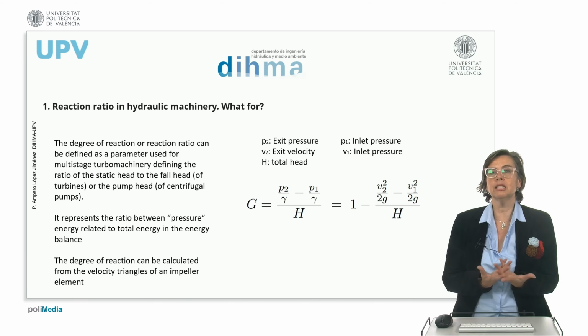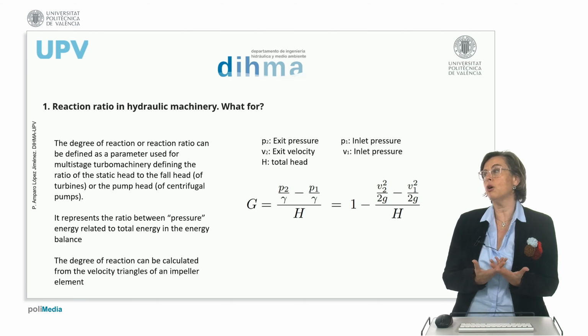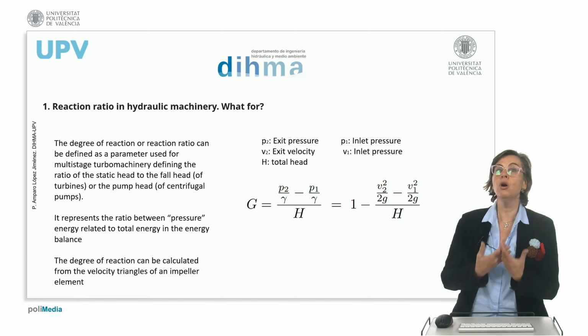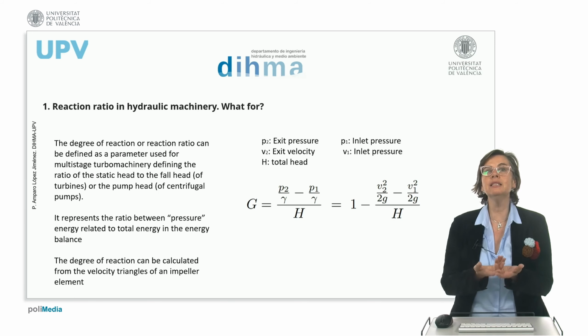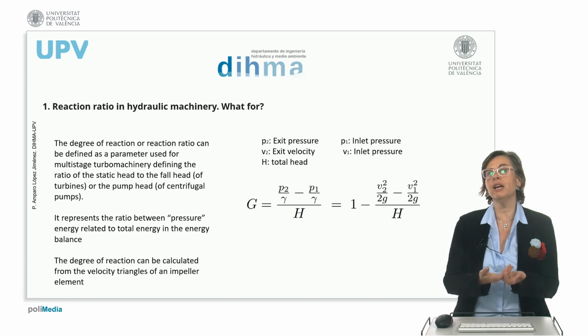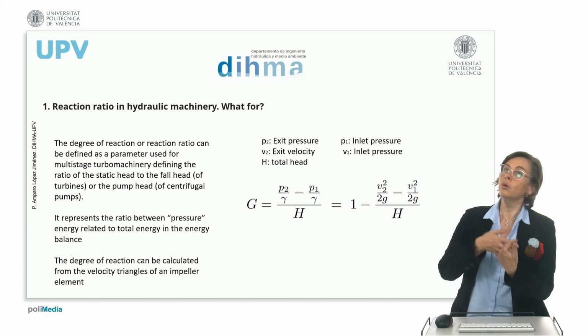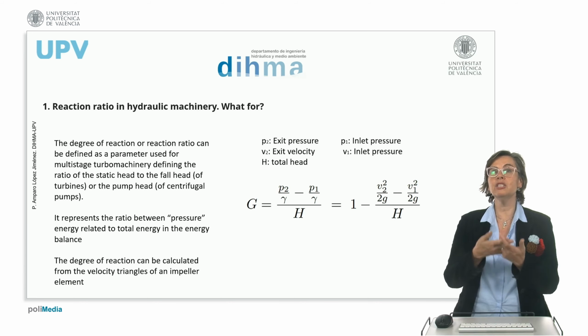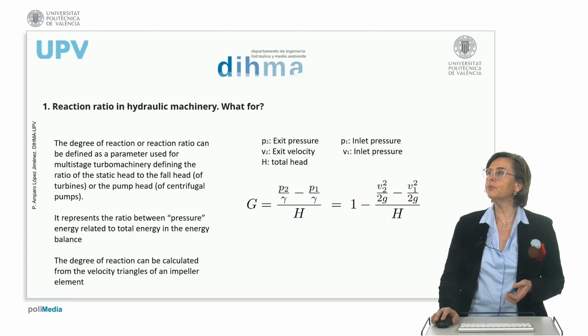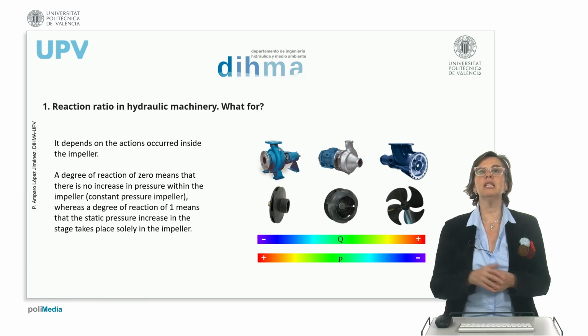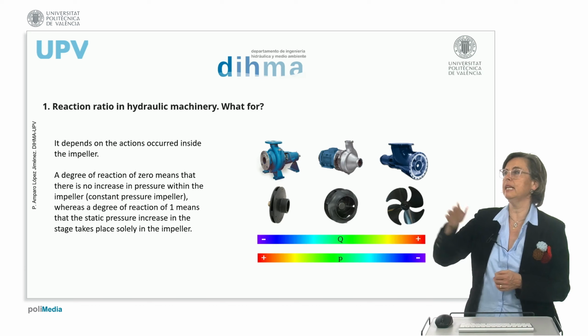If a big transformation is in terms of pressure, we will have a big degree of reaction. If a big part of the energy is transformed in terms of velocity, we will have a small reaction ratio. So it depends on the actions that occur inside the impeller.